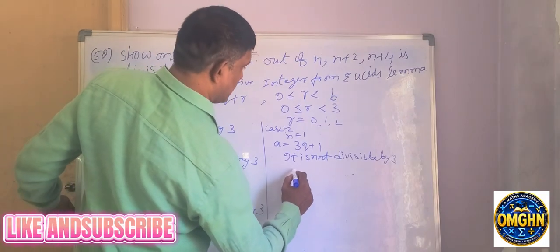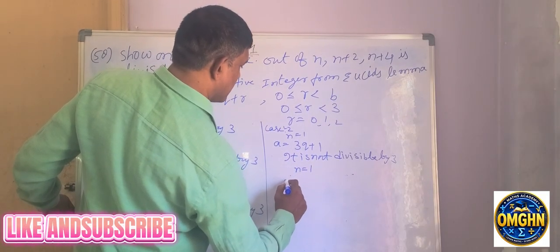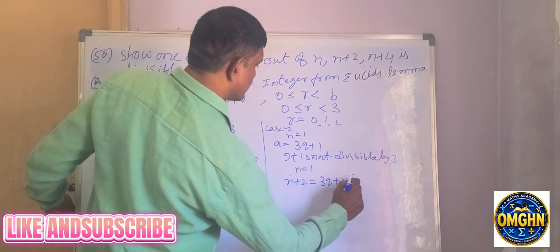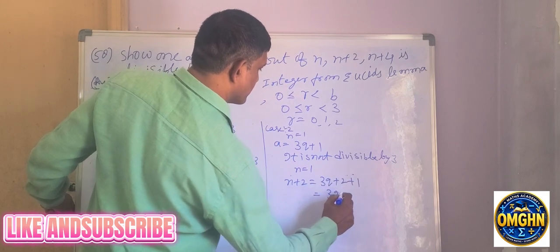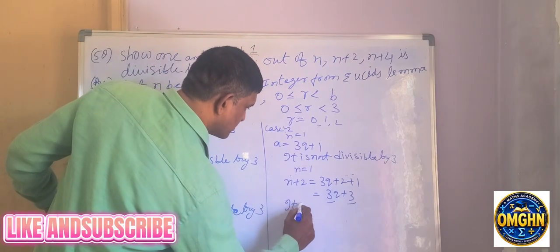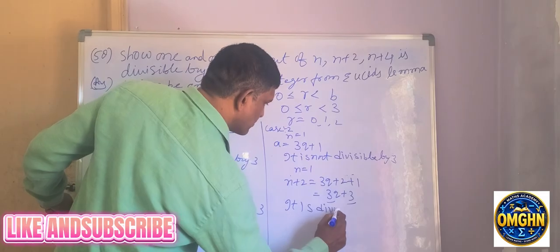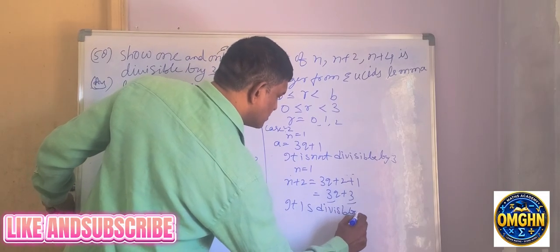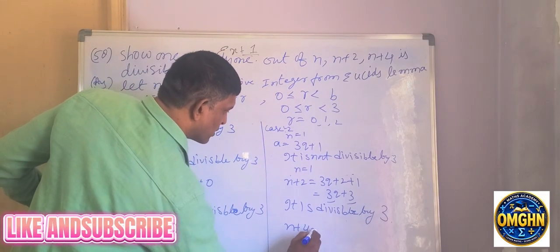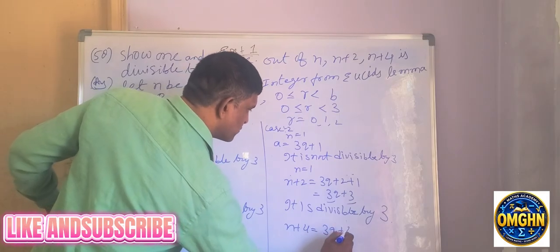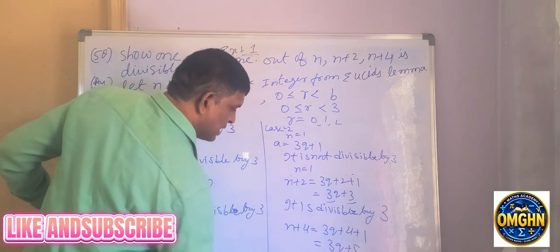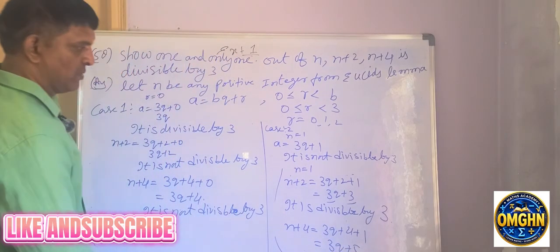Now, n is equal to 1 only, but the n plus 2 condition will apply. 3 came. It is divisible by 3. Now next condition, n plus 4 equal to 3q plus 4 plus 1. That is 3q plus 5. It is not divisible.